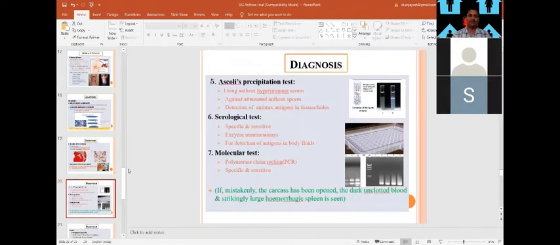Next are the serological tests that are highly specific, that is ELISA or other tests. Molecular tests like PCR are again reported with high sensitivity as well as high specificity.